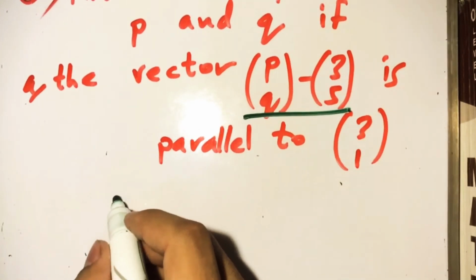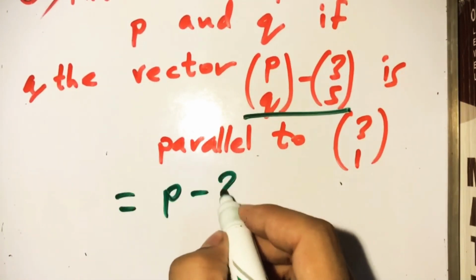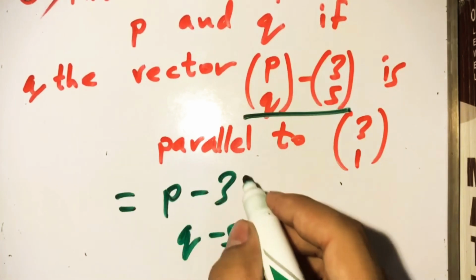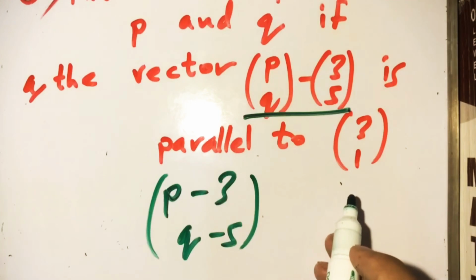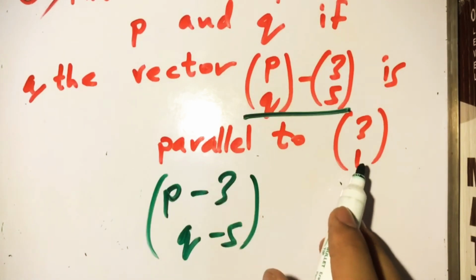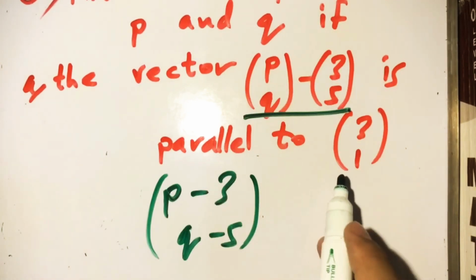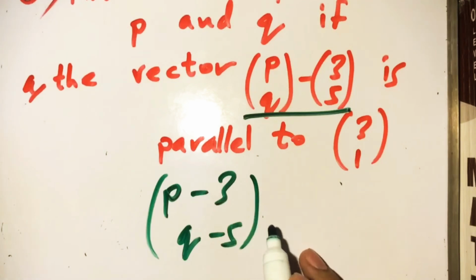So this will be equal to P minus 3, Q minus 5. Now if this is parallel to (3, 1), that means that multiplying (3, 1) with a scalar will give us this vector.